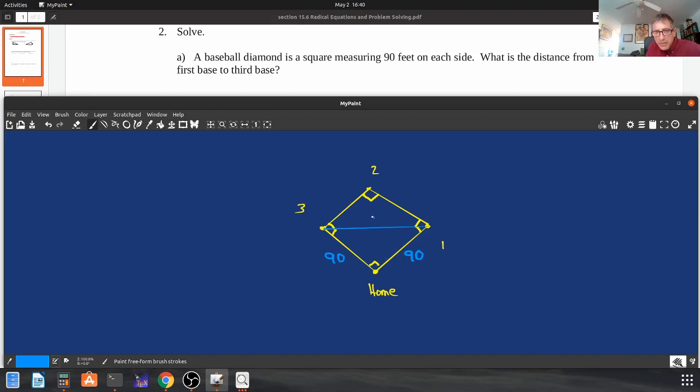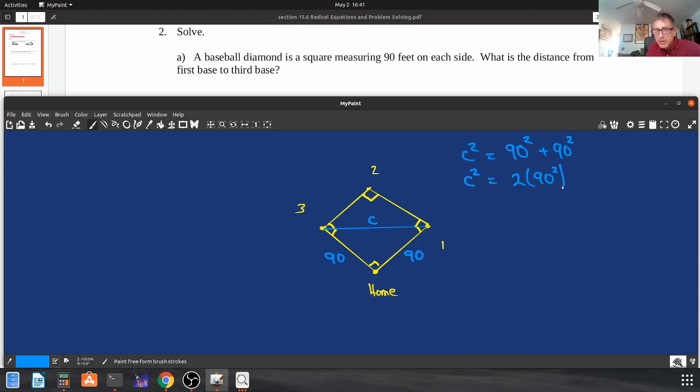So this is the hypotenuse C, and these are the two legs. So C squared is equal to, sorry, I'm not ready to take the square root yet, 90 squared plus 90 squared. So C squared is equal to 90 squared plus 90 squared, which is 2 times 90 squared.